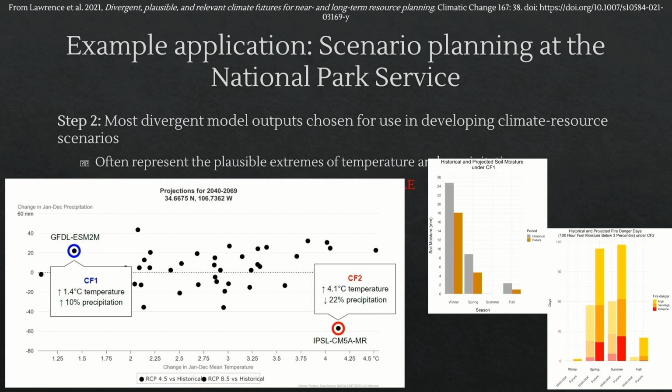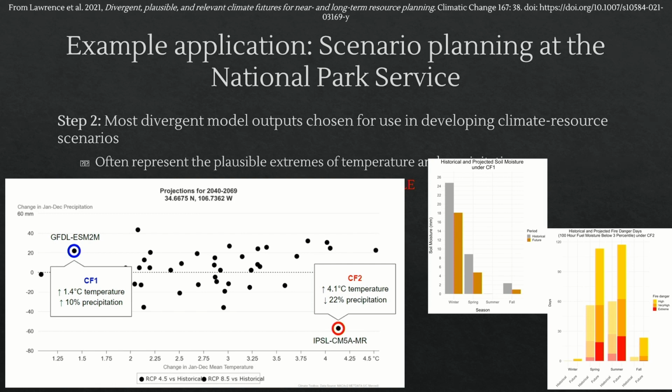So the second step is using those divergent futures to then figure out what's going to happen to the variable that you're interested in. I apologize for committing the cardinal sin of, why did I even put these on here? So in this case, this would be fire danger.